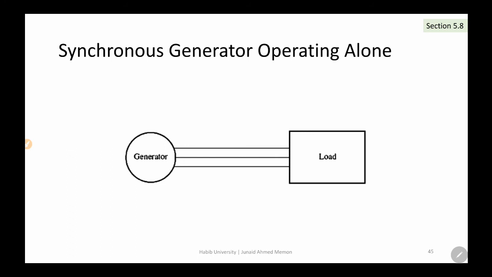We are not covering the parallel operation, but keep in mind that in parallel mode the behaviors are a little more complicated. So let's focus only on the standalone mode, where a synchronous generator is simply supplying power to the load.